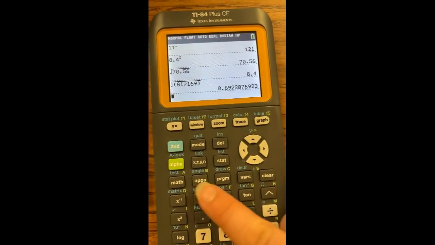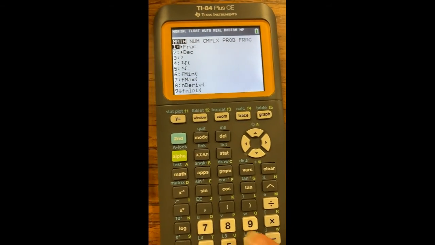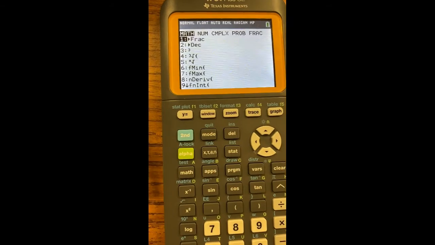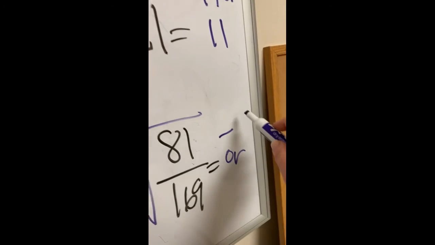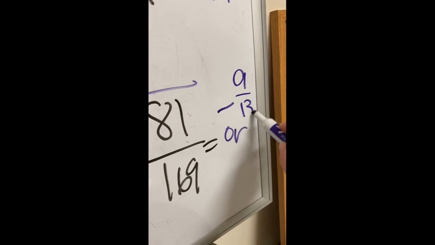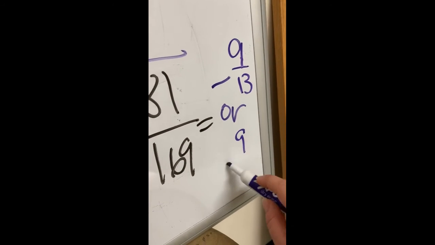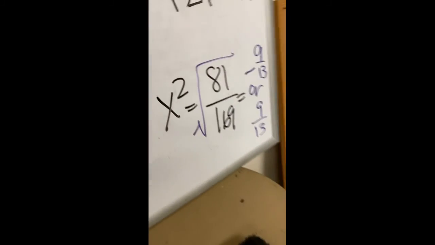It's a decimal. I need that in fraction form, so I hit math. I'm going to hit 1 or just enter, and it turns it to 9/13, which is right. So it's either negative 9/13 or just positive 9/13.